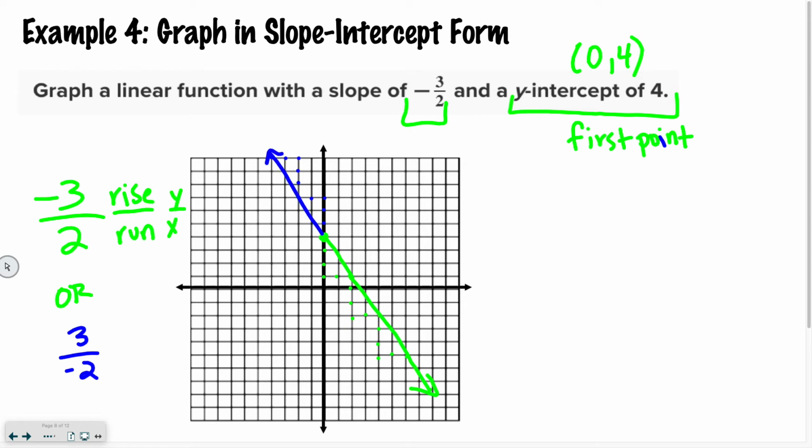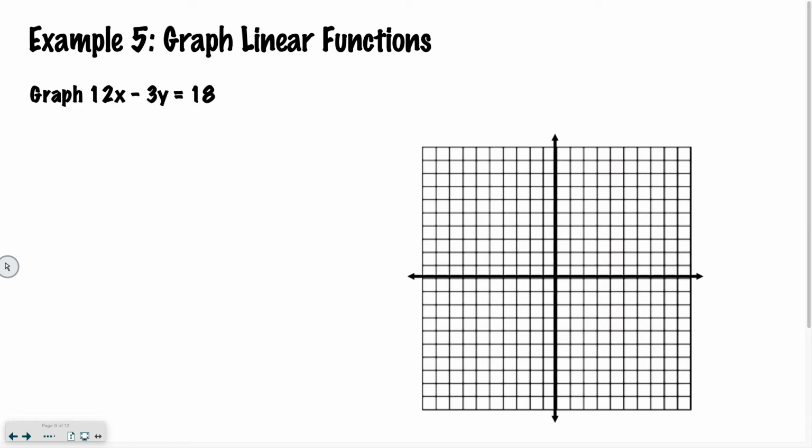And you can see that it forms the same line. So it doesn't matter which way you go, as long as you only put that negative with one of the numbers. Okay? So your first step was plotting the y-intercept, and then you use your slope to find more points.